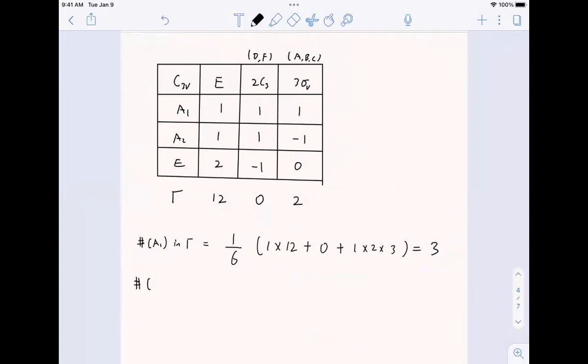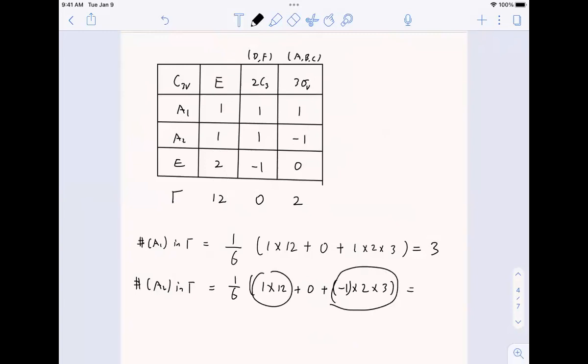And then the number of A2 in gamma: 1 times 12 plus 0, minus 1 times 2 times 3. So this will be minus 6, so this will be 1.